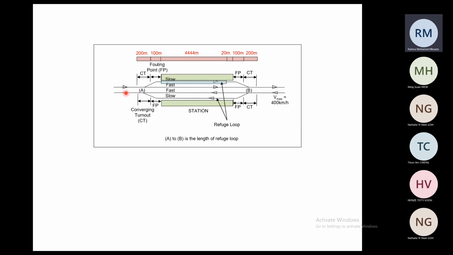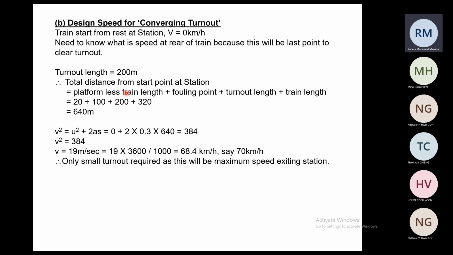So it will cover the total distance of 640. Okay. So you find your V, it will be 19 meters per second, equivalent to 70 kilometers per hour. So what does this mean? So you're just catering for a speed of 70 kilometers per hour.